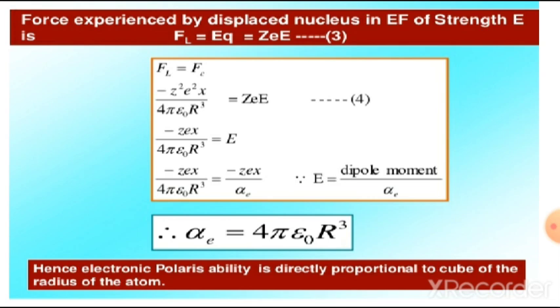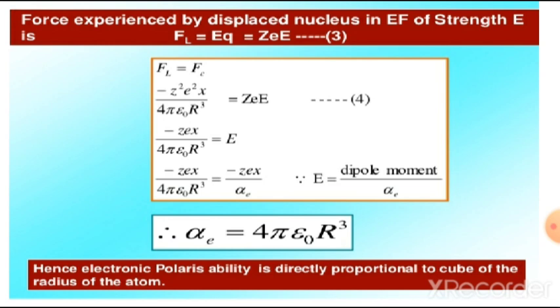Now we calculate the force experienced by a displaced nucleus in an electric field of strength E. F Lorentz is equal to EQ, which is equal to Ze E. F Lorentz is equal to F Coulombic force. Finally, substituting all values, we get E is equal to minus Ze x by 4 pi epsilon naught R cube.